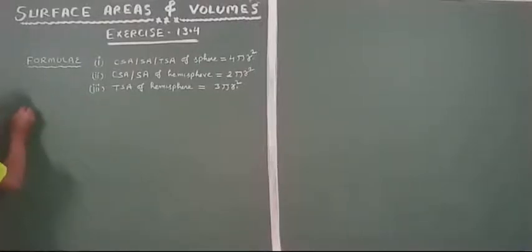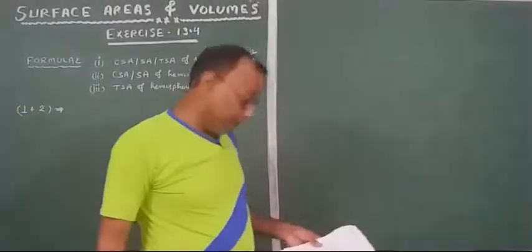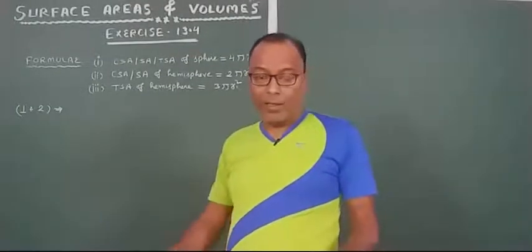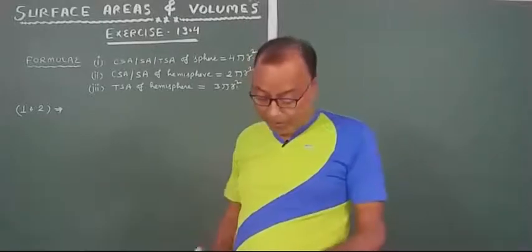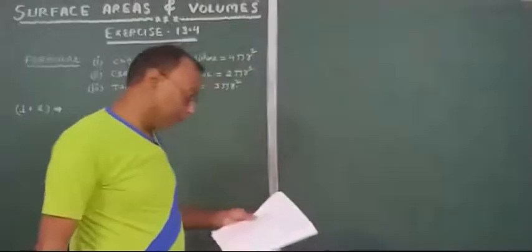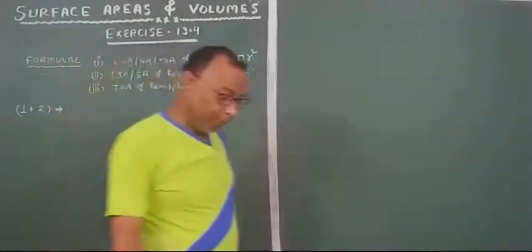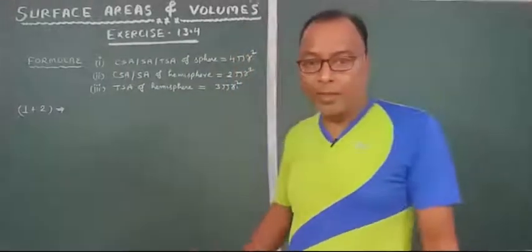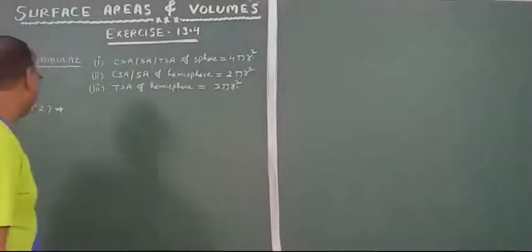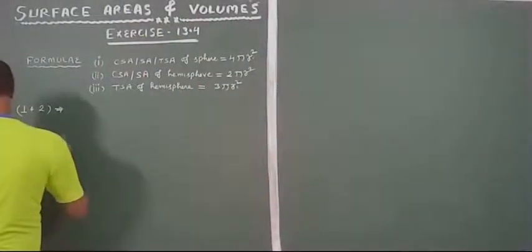In the first question you are given the radius, and in the second question you are given the diameter. So I am attempting only question number 2, and suppose this is the third part.